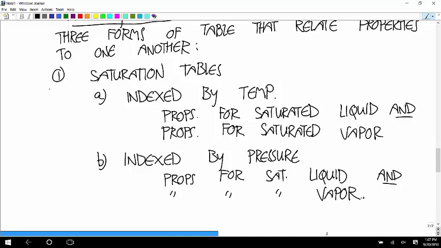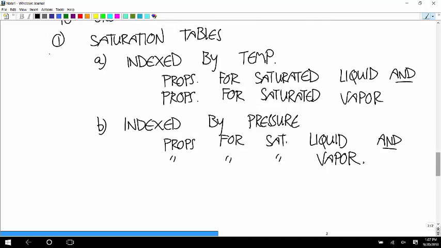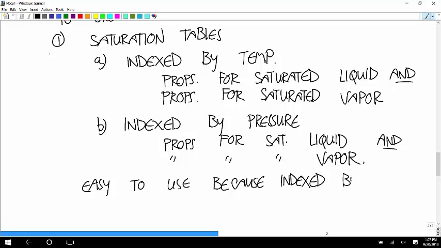Okay, these are the easy ones to use because they're indexed by a single property. I said when I started talking about simple compressible substances that if you know 2 properties of a simple compressible substance, that's enough information to specify everything else about the state.